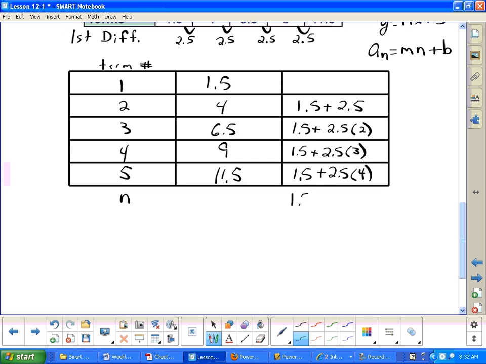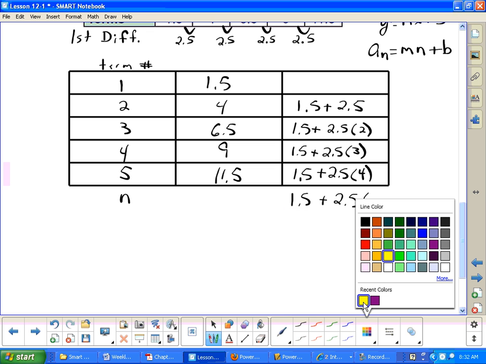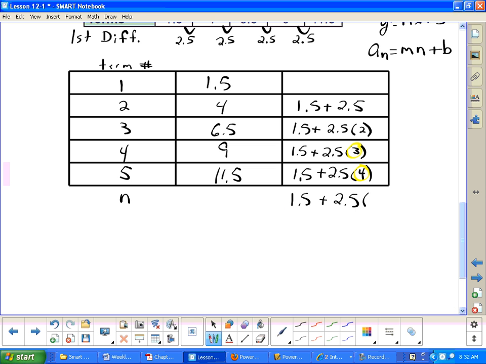We have 1.5 in each of these, okay? Plus, we added 2.5 times some number. Well, how does this number here compare with the term number?